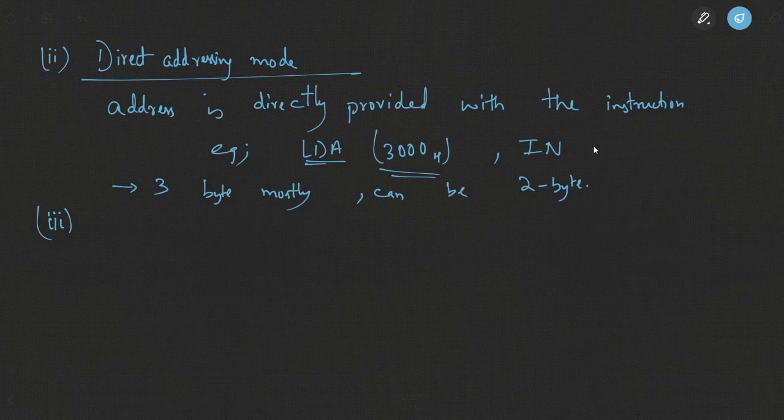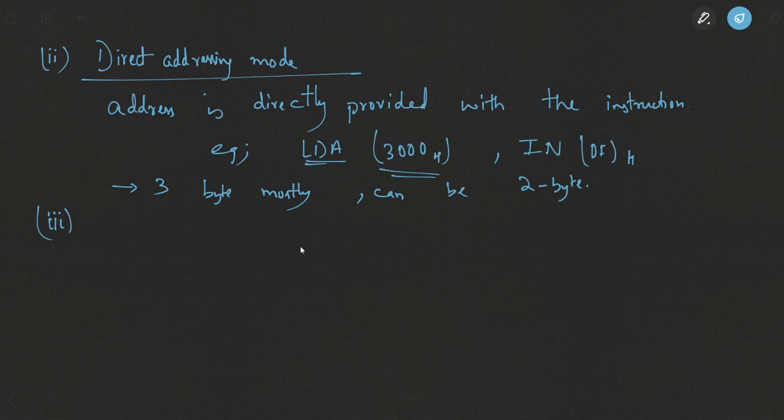Say for example, you have an instruction IN 0FH. Fine. So you will understand that this is a 1 byte operand here. This is not data, this is a memory location. The IO interface is basically done through 8 bit addresses rather than 16 bit addresses.